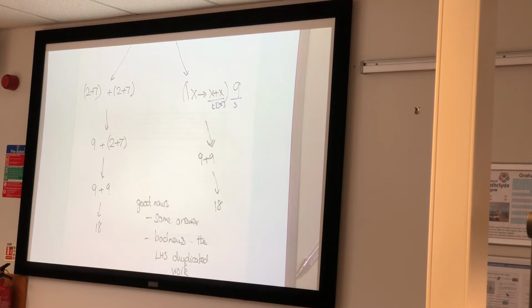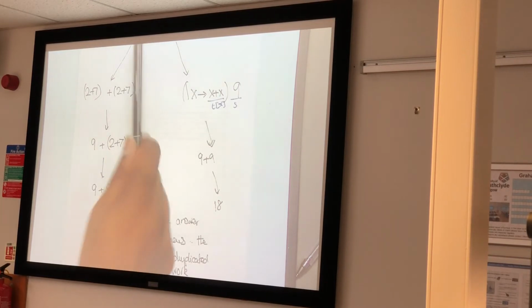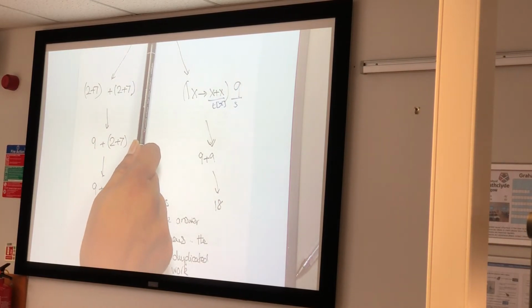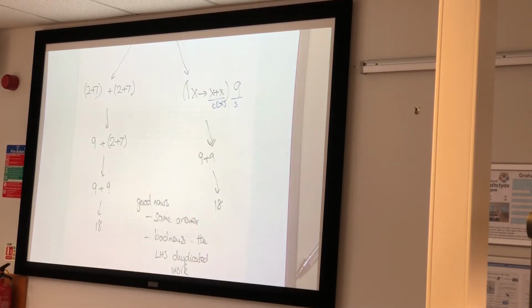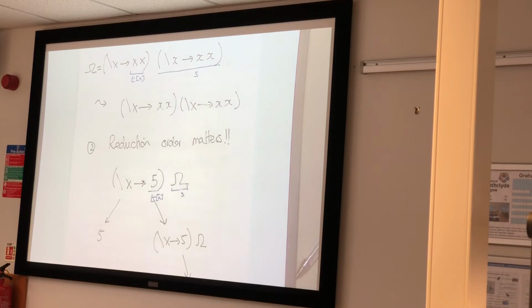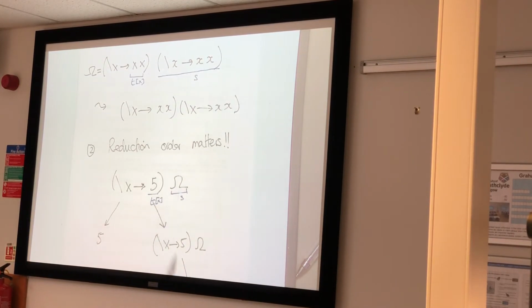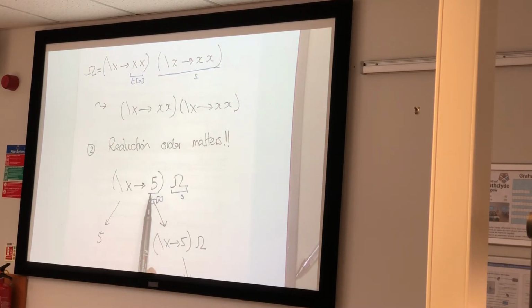So there's no general answer. If I say just do the beta redexes when you can, I could duplicate work. On the other hand, if I say let's not duplicate work, let's reduce the input first, then I can get all sorts, I can get infinite stuff happening here. I could do work here, which is not even required because the x isn't used. So a lot depends upon whether x is used in here.